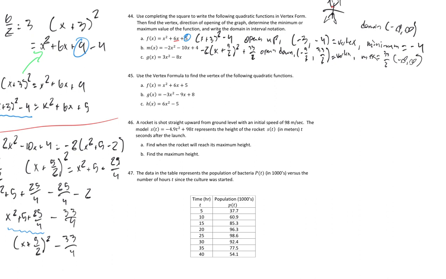So 3x squared minus 8x. On this one, well, we've got to factor out a 3 because we want just plain x squared, right? So factor it out. 3 times x squared minus 8/3 x. All right. Well, now this number here, we would divide by 2.